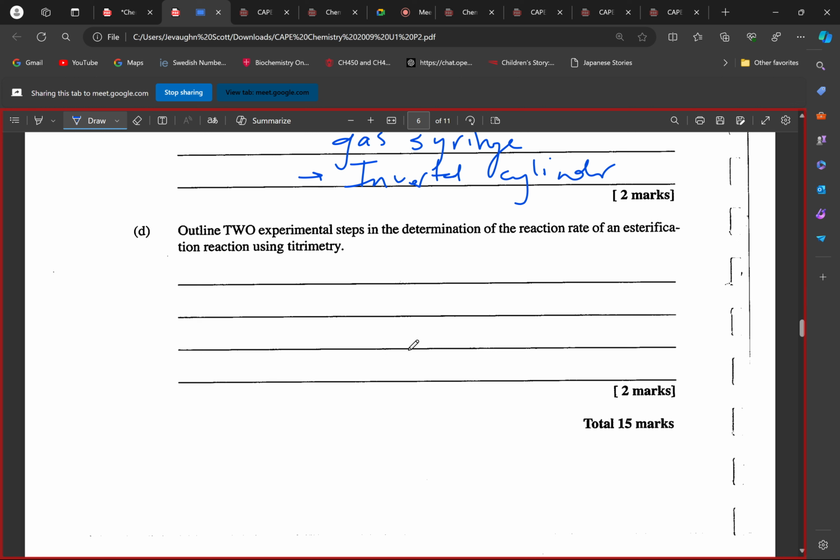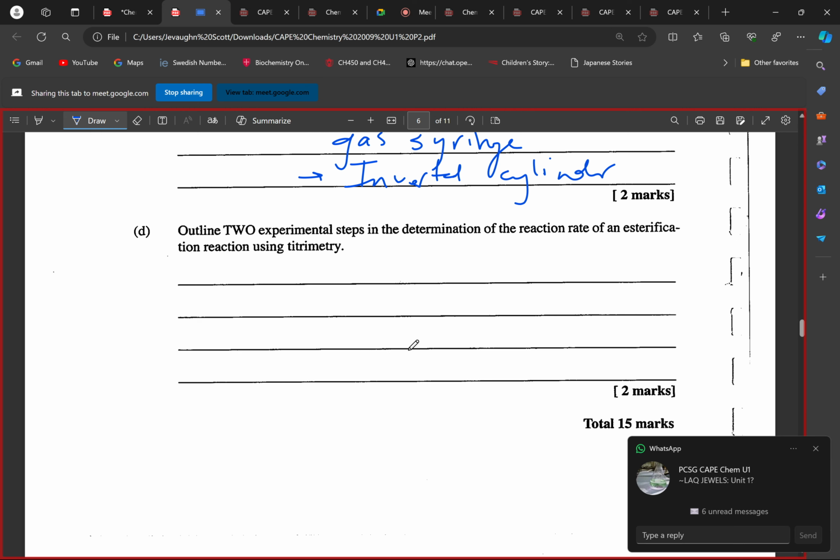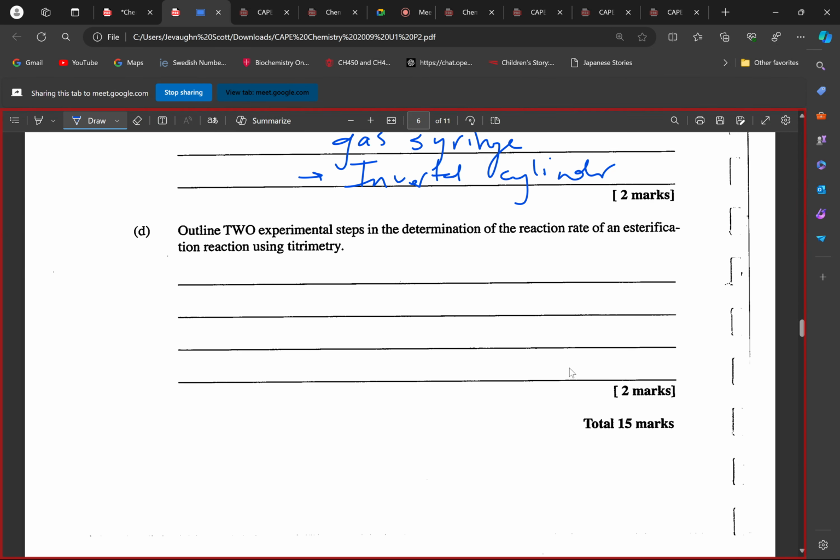Yes, sir. So you have a solution with a known concentration, and you have a titer, which is the solution with the unknown concentration that you want to find the concentration for.